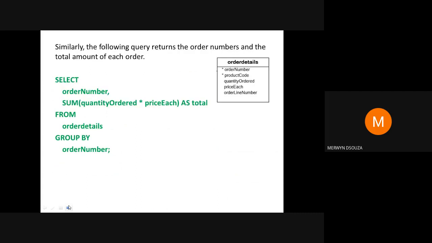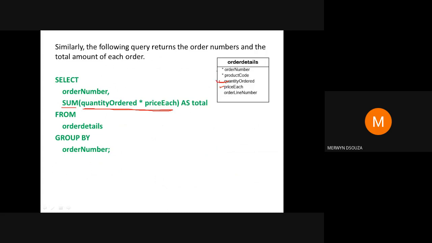Similarly, we could use the following query to find the sum of these two columns from the order details. We have something known as quantity ordered, and the price of each order. So what we could do is use the aggregate function sum, and write this as an expression.